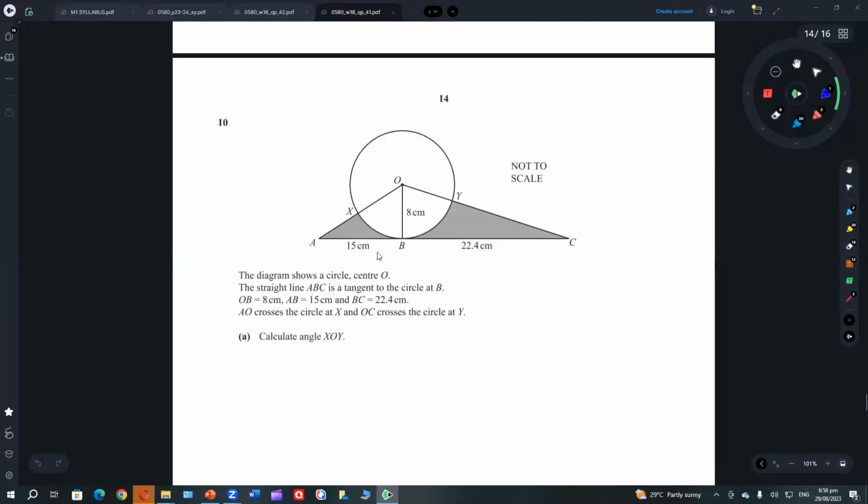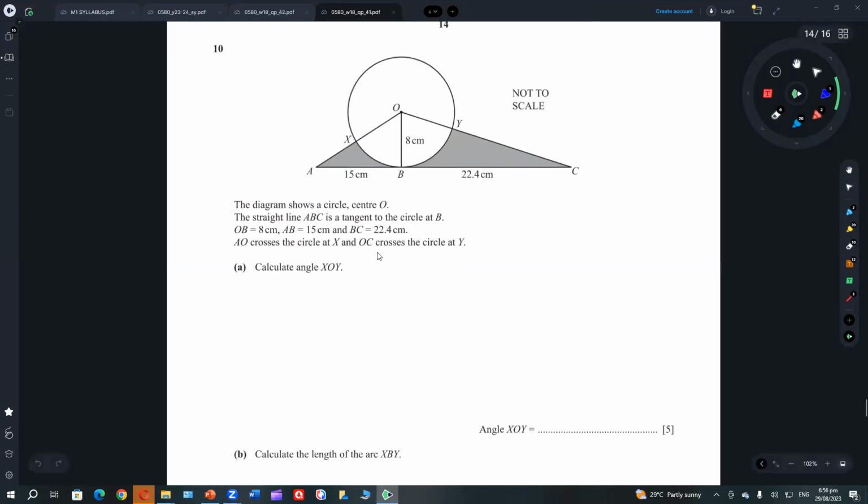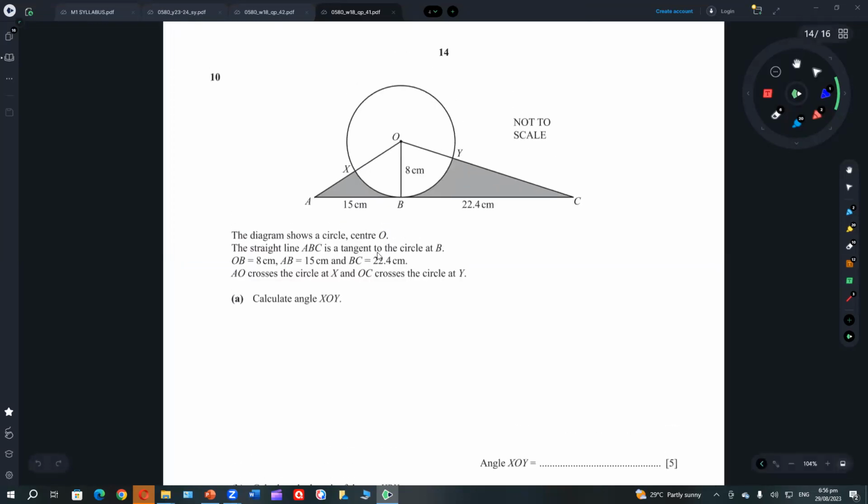The diagram shows a circle center O. The straight line ABC is a tangent to the circle at B. AOB is equal to 8, AB is equal to 15, BC is equal to 22.4. AO crosses the circle at X and OC crosses the circle at Y. Calculate angle XOY.